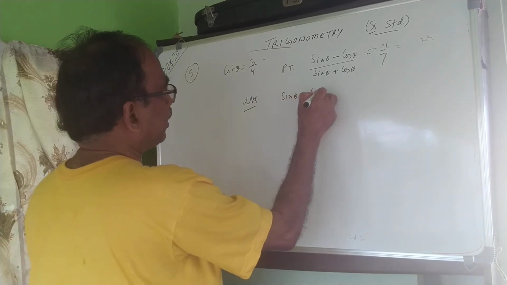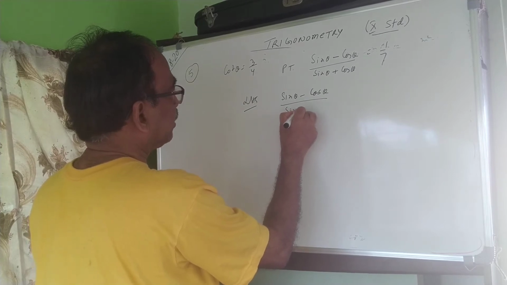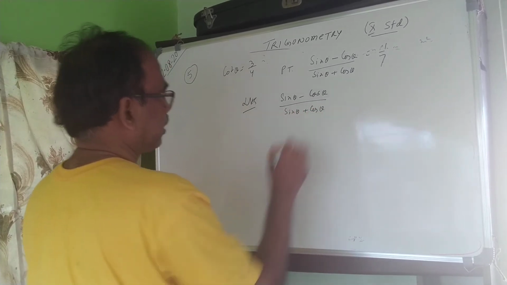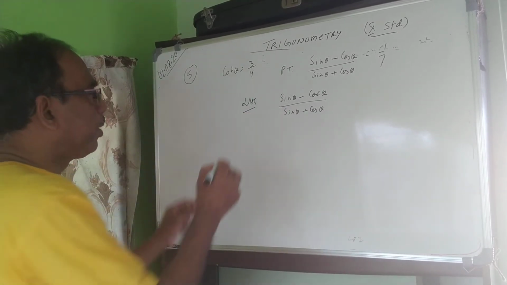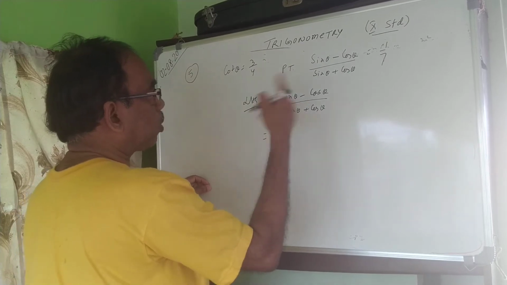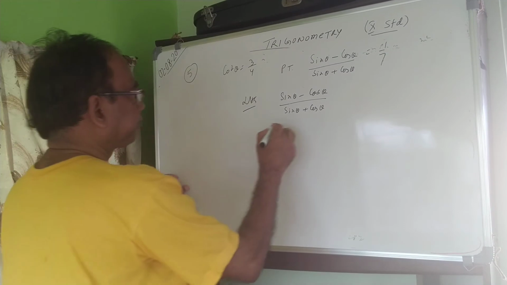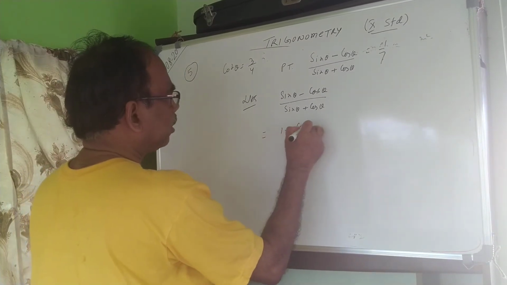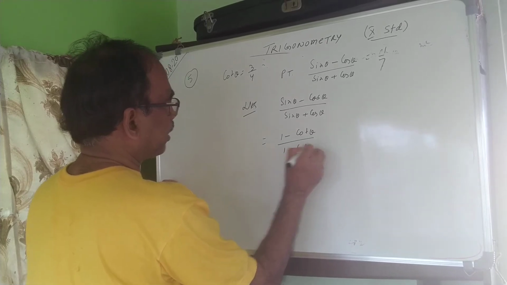Sin theta minus cos theta by sin theta plus cos theta. If we divide by sin theta, both numerator and denominator, because you know cot theta, that is 1 minus cot theta over 1 plus cot theta.